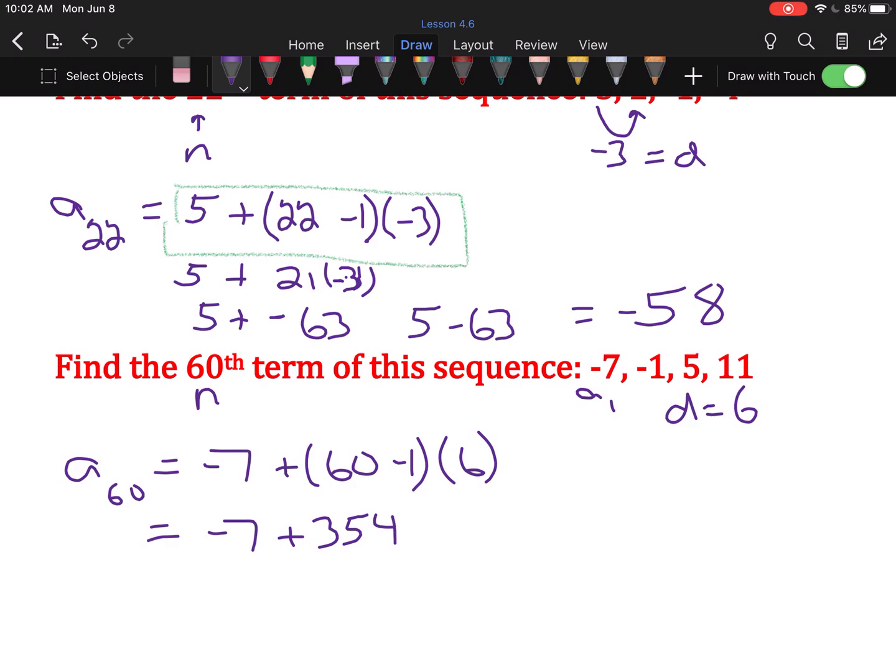You can do 59 times 6, but you have to do it longhand. You are not allowed to use a calculator. Negative 7 plus 354, well, those have different signs, so we will subtract. 354 minus 7 is 347. Keeping the sign of the bigger number means it's positive, so the 60th term of this sequence is 347.